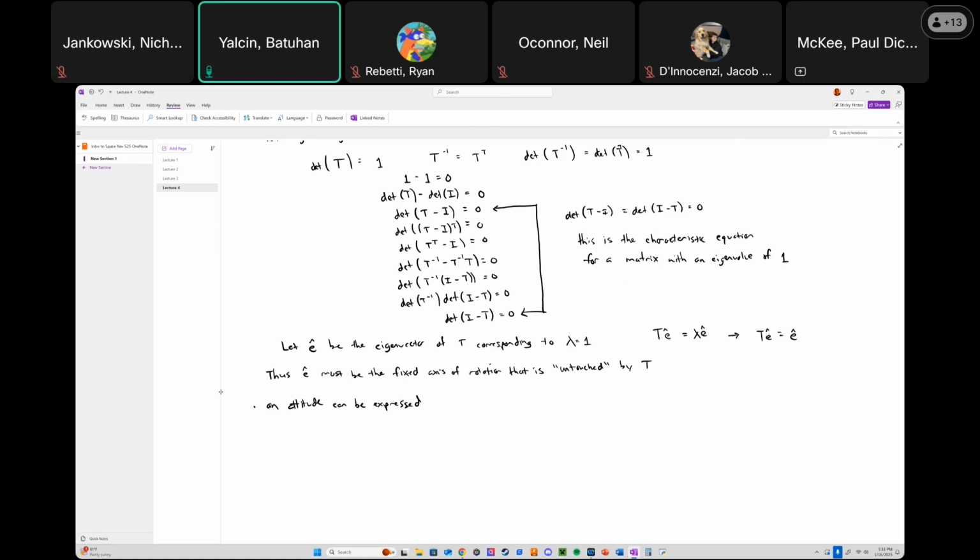Because you could think of it as you're performing the matrix operation T. If you're taking some vector A and multiplying it by T, and then subtracting A, that's the same thing as TA minus IA, which is the same as T minus I times A. And the idea here is that T minus I can be treated as a single operation or a single matrix, such that the way the final vector is treated in terms of the scaling is the same whether you take it bit by bit or all together.